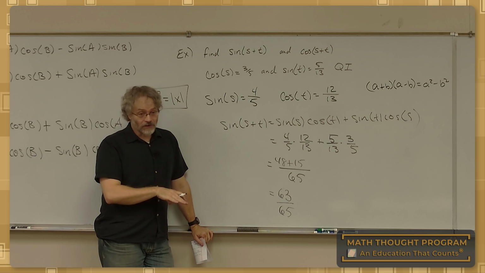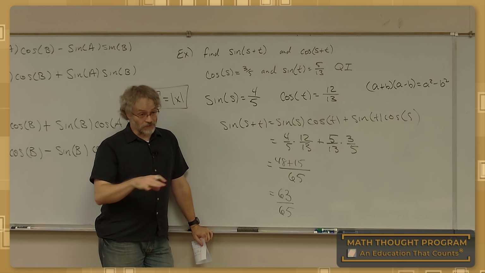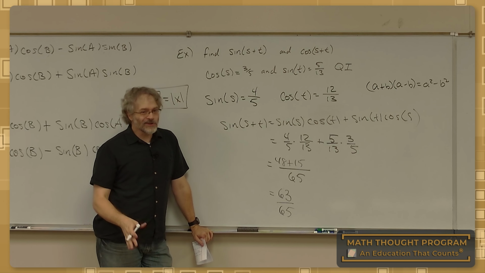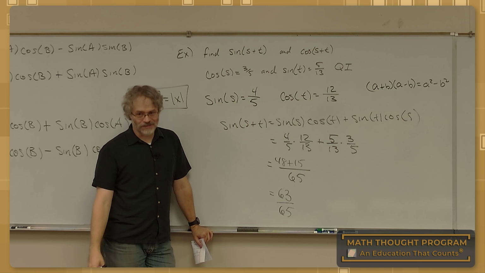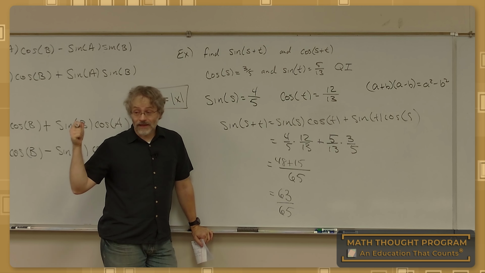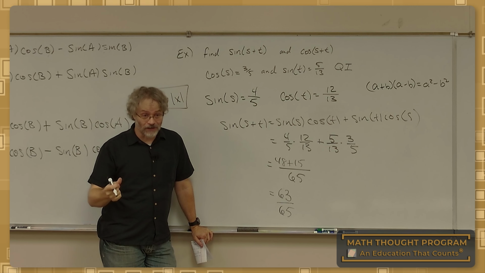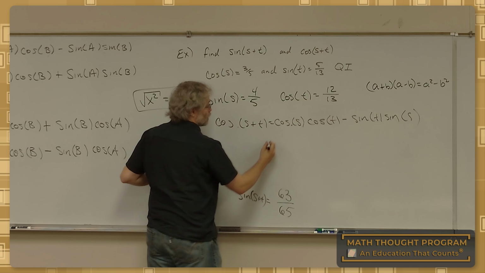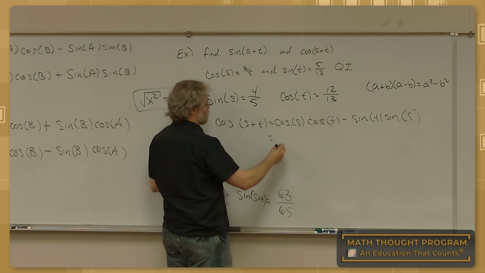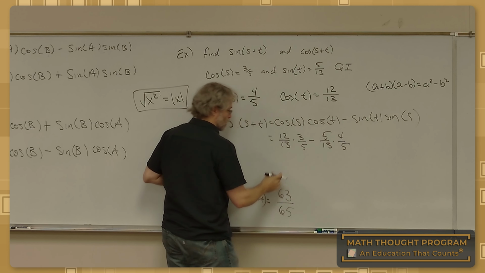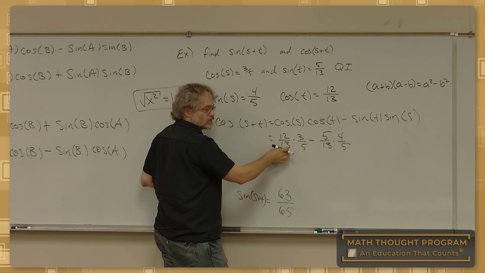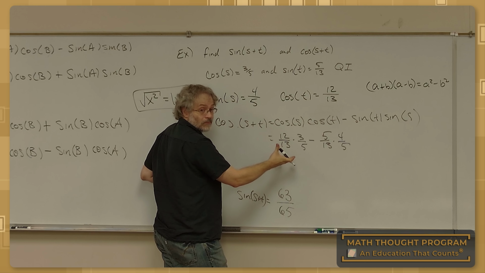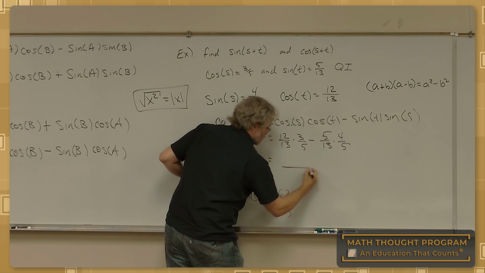Now, I got to figure out cosine of the angle s plus t. I could use the Pythagorean theorem, but that's way over the top. I know the angle sum identity, and it's going to crank it out a little bit faster. Take everything and drop it in. And notice again the denominator. It's the same. 65.